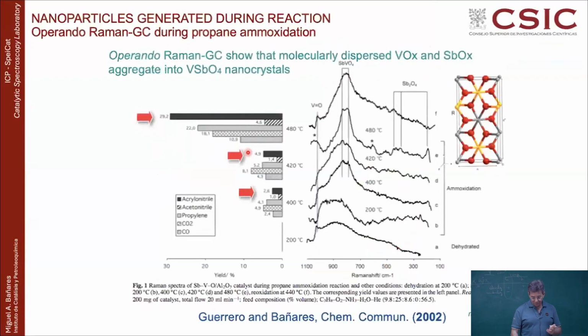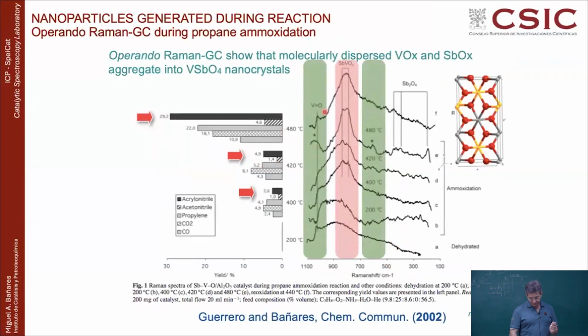When you go back to the propane oxidation data, operando, you see the formation of vanadium antimonate. And you see that the vanadyl bond transforms when you are running the reaction: you go to a band at 1060 and a band at 660.